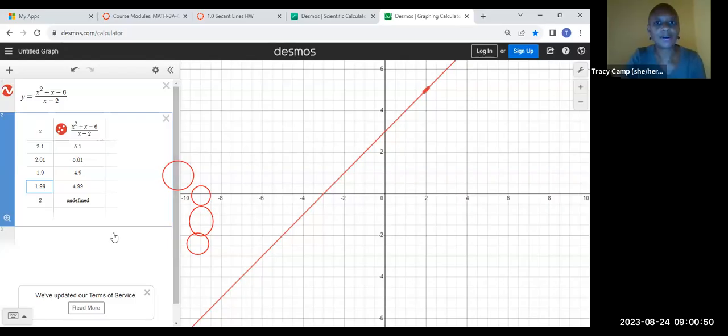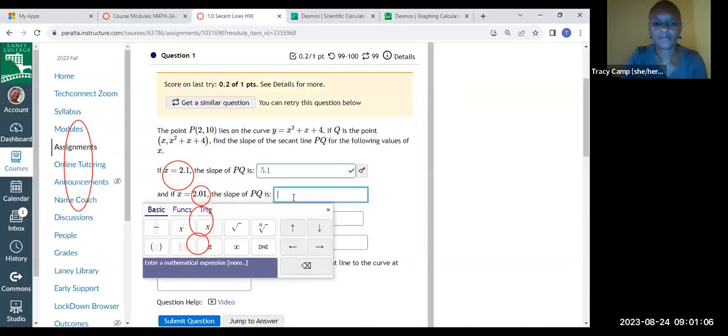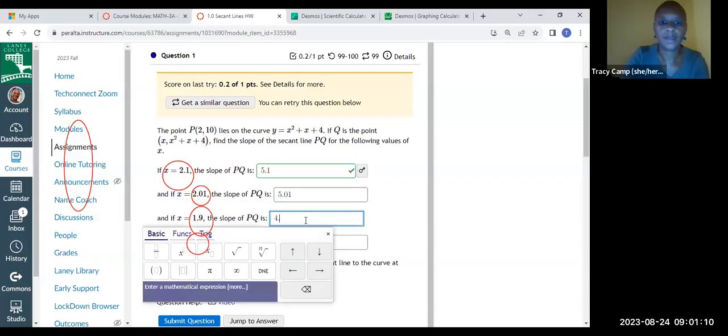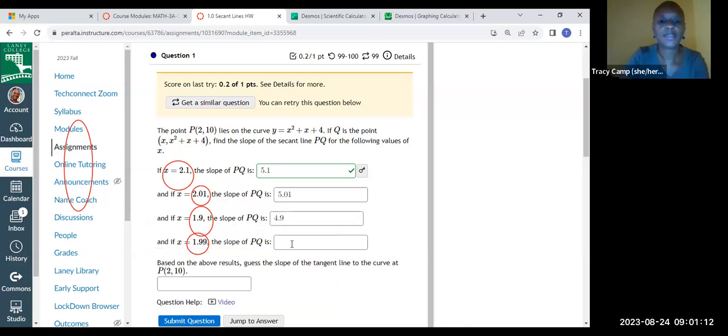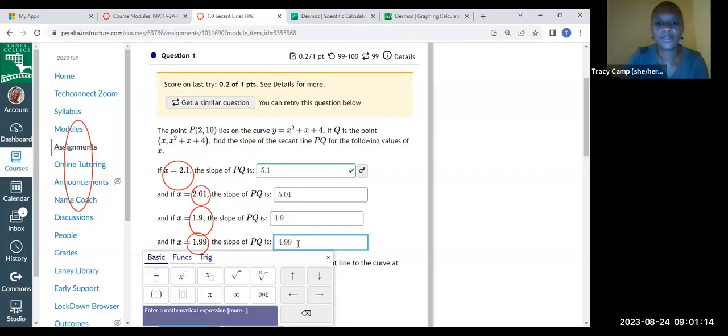The answers are these numbers right here: the 5.1, the 5.01, the 4.9, and the 4.99.